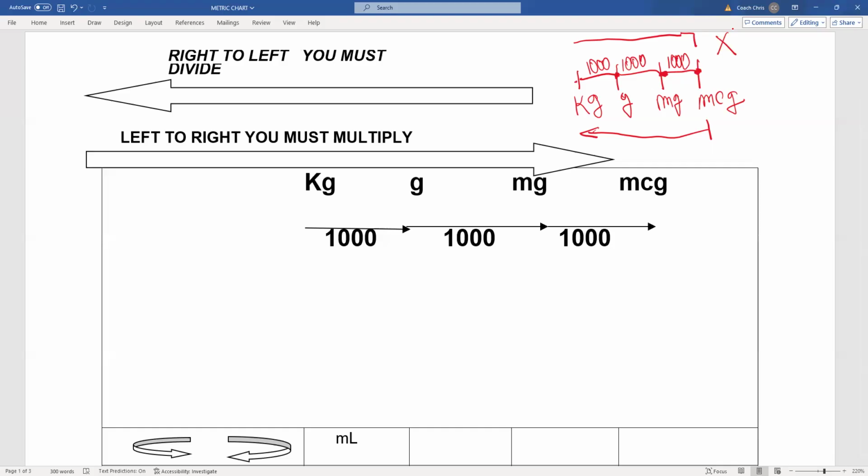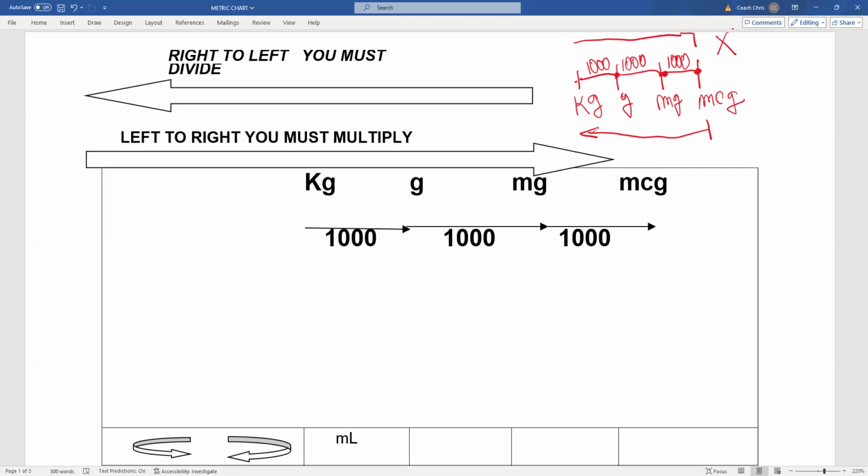I cannot go to microgram without passing by gram and milligram. So it's 1,000 times 1,000 times another 1,000. That gives you a billion. So whenever you go from left to right, you will multiply by whatever the conversion is, and when you go from right to left, you will divide. That's what we have here for you.